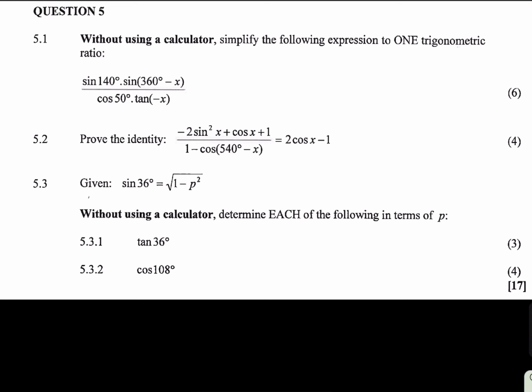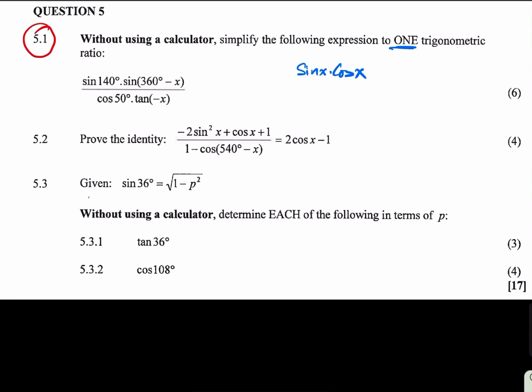However, I want us to solve the first question, 5.1. They are saying, without using a calculator, simplify the following expression to one trigonometric ratio. They are saying to 1. Take note of that, to 1. They are basically saying, do not leave your answer with a sine x, cos x.